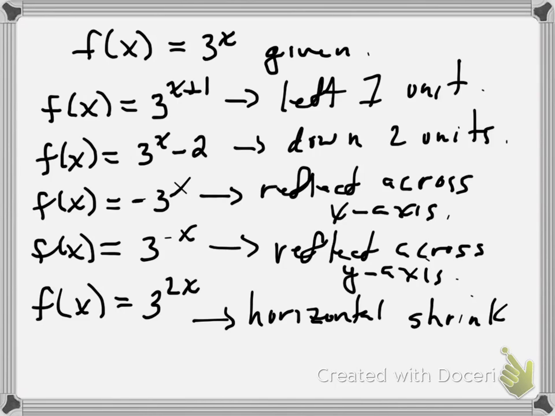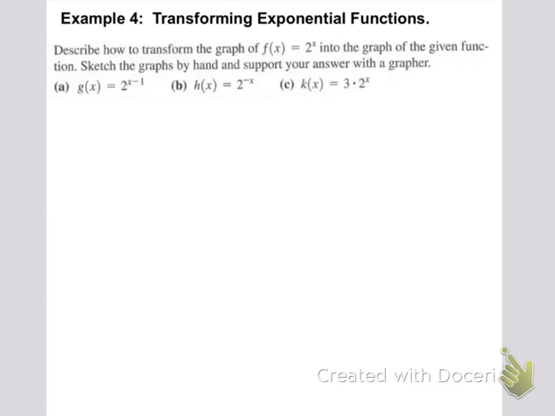So instead of a scale factor of 2, the scale factor is going to equal 1/2. So we're going to have a horizontal shrink with a scale factor of 1/2 there. Hopefully that will refresh and help us with the following examples here, A, B, and C.